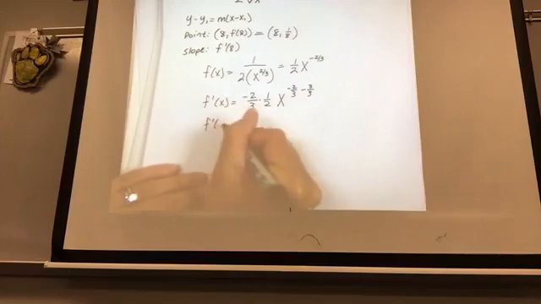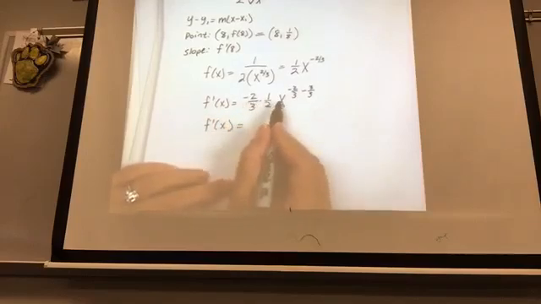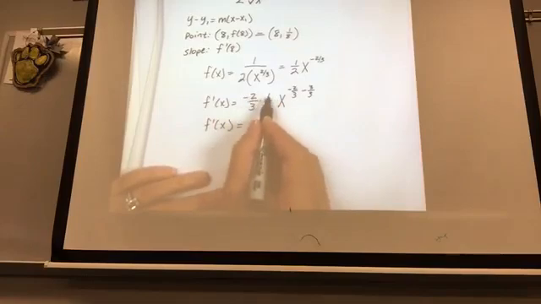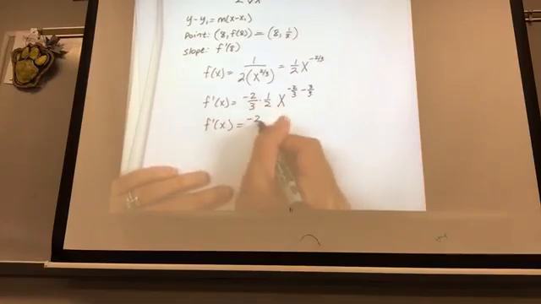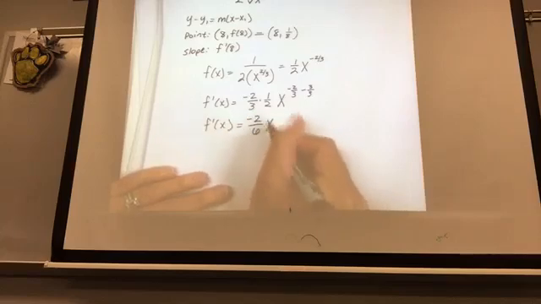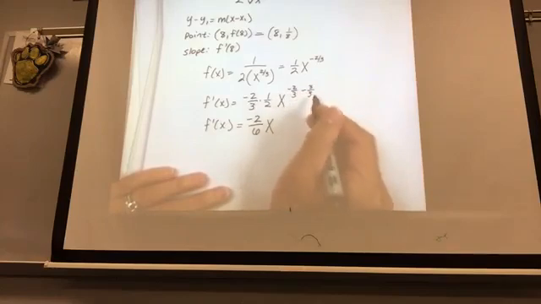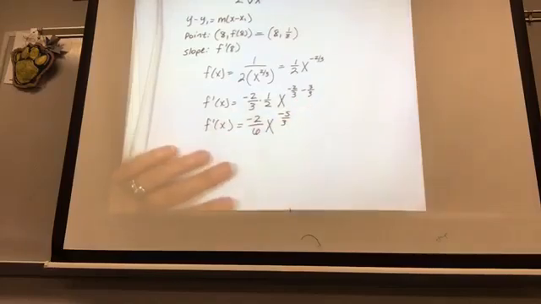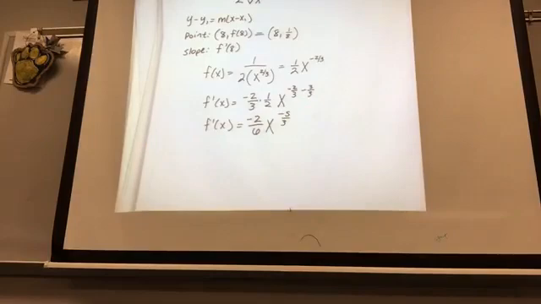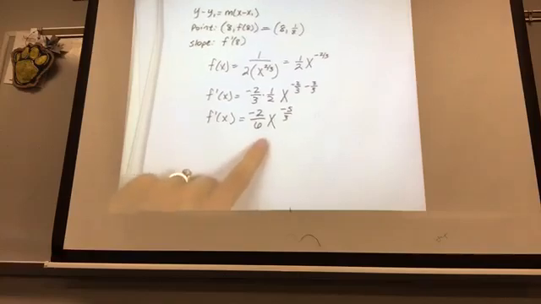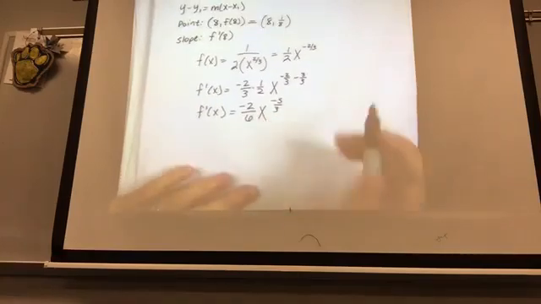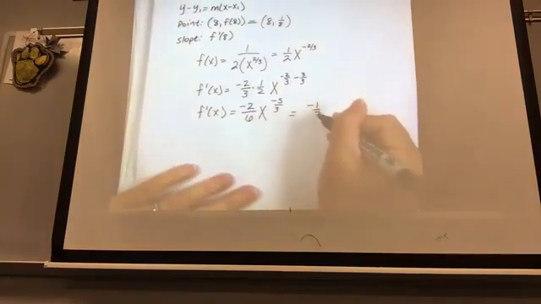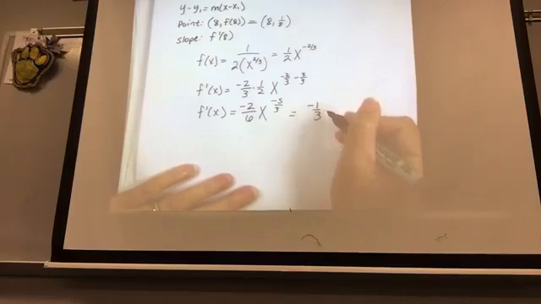So f prime of x will equal, remember when you multiply fractions top to top, bottom to bottom, so negative 2 times 1 is negative 2, 3 times 2 is 6, and then negative 2/3 minus 1, so negative 2 minus 3 is negative 5, and my common denominator is 3. So it's the negative 5/3. Okay, we can simplify this now because we are going to be plugging into it. So this is the same as negative 1/3 x to the negative 5/3.